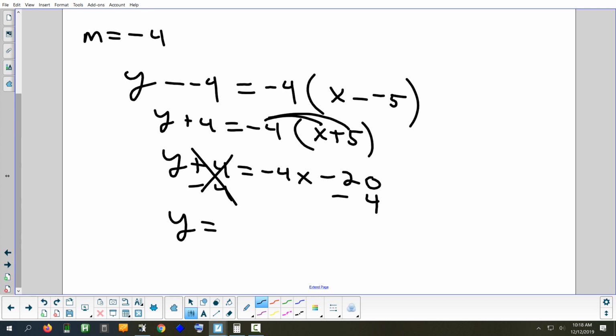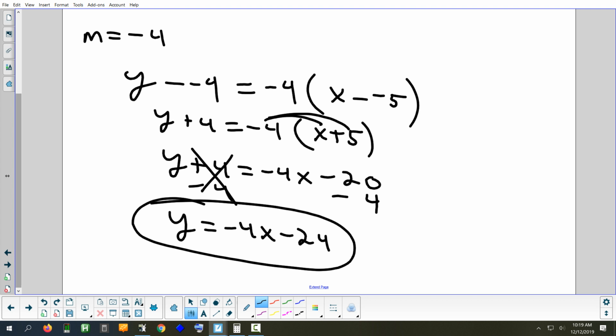And how about, Jane, can you tell me my final answer? Anyone help him out? What's our final answer here? Yeah, James? Y equals -4x minus 24. -20 minus 4 is -24.